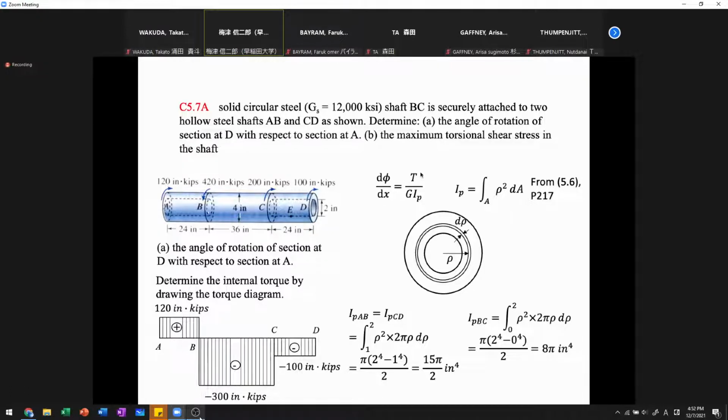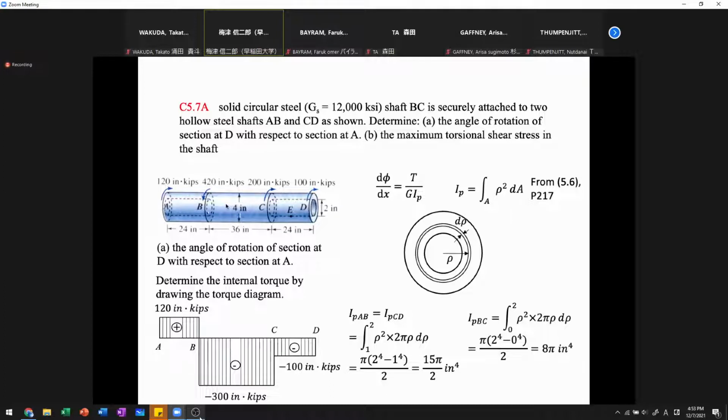Okay, and T is constant, G is constant, and I is constant between the AB part, BC part, and CD part. Why? Because I will be estimated like this. This is a hollow steel shaft, this is also a hollow steel shaft, and this is a perfectly solid circular steel.